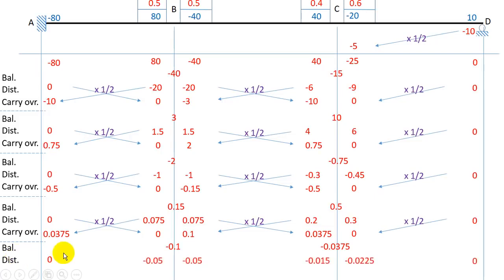So my distribution step is now complete, and since I could not end my iteration on the carryover step, we had 4 iterations earlier, right, I had to do another iteration and end it on the distribution step. So this completes our iteration process.